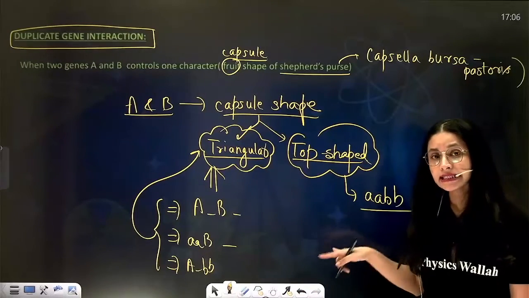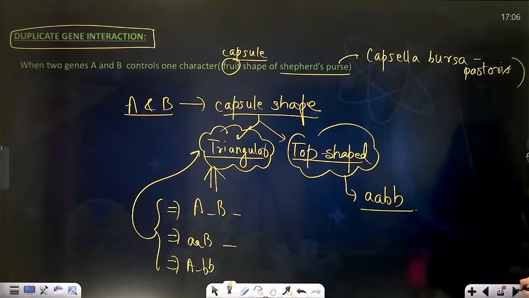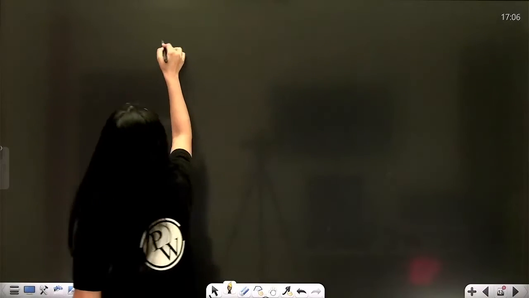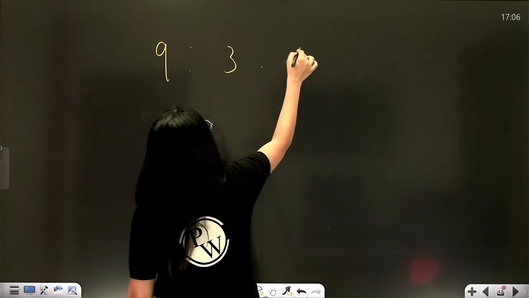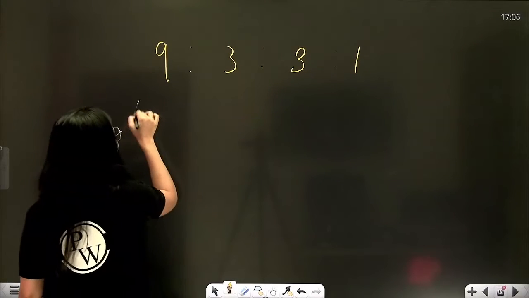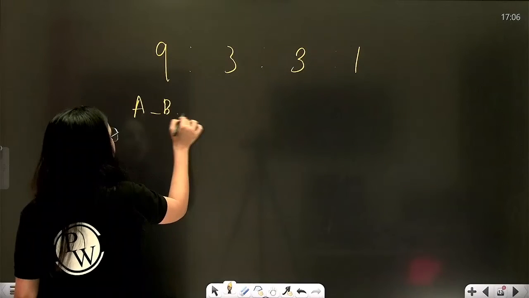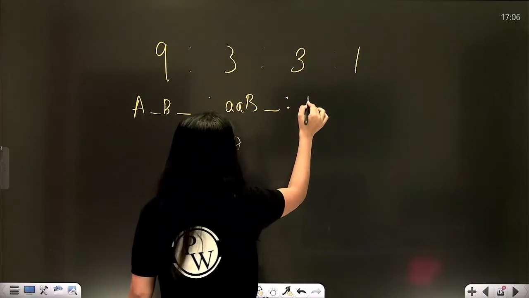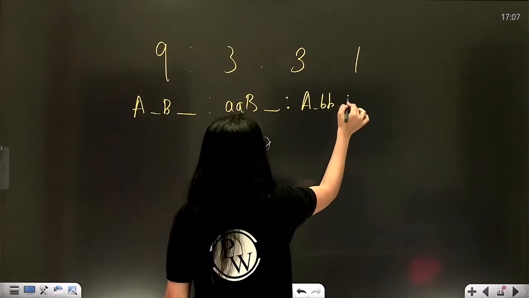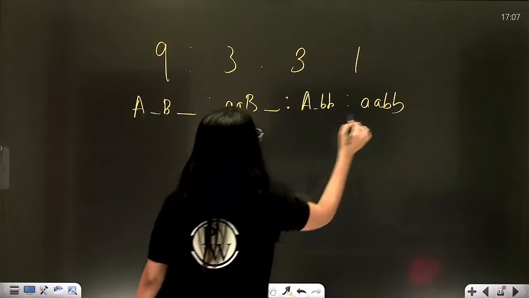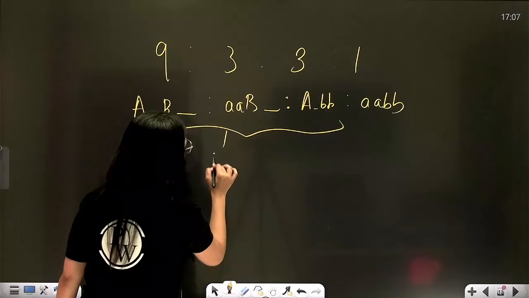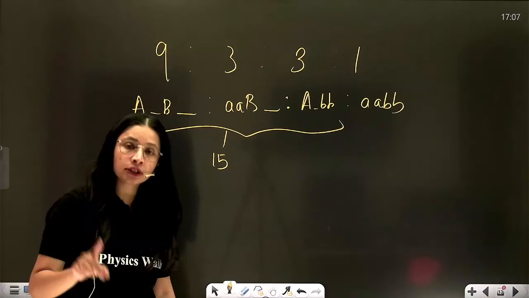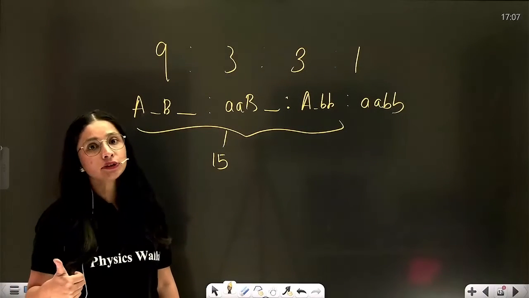So, in this case, the ratio will get modified how? Here, beta, the ratio 9:3:3:1 will modify as, see, this is only we write now. This Mendel taught us. So we are going to follow Mendel over here. So you see the first 15 types of zygotic combination are having either both the genes dominant or even one gene dominant.